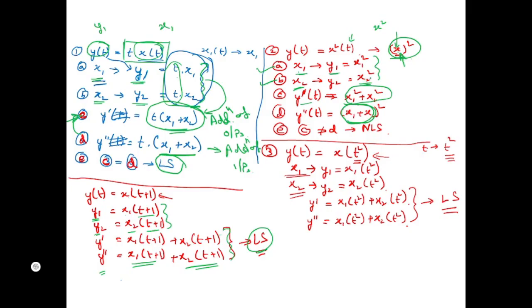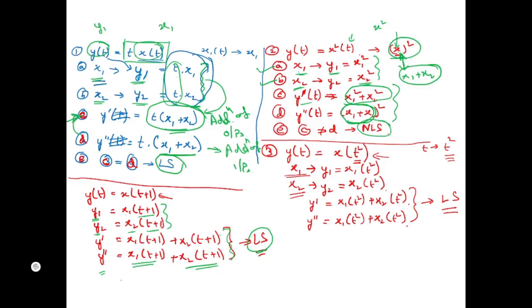But when there is an addition of inputs, this x is replaced by x1 plus x2, so we get x1 plus x2 whole square. So you see, C and D are not equal, and hence it is a non-linear system.